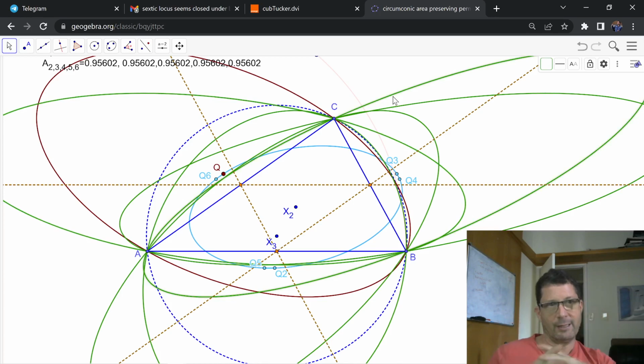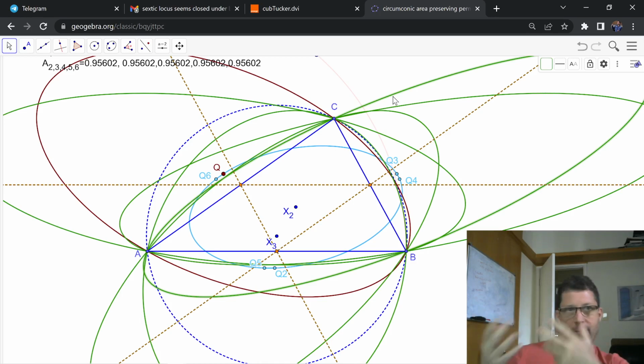So I would say this is the simplest way to word it and the most generic principle: the barycentric permuting of the coordinates of the center of a circumellipse produces a new point, which if you take as the center of a new circumellipse or circumconic, is going to, number one, make that new circumconic continue to be a circumellipse, and that circumellipse will have the same area as the original one. So you have 5 possible permutations, and they're all area preserving, and they preserve the circumconics as ellipses as well. They don't become hyperbolas or parabolas.